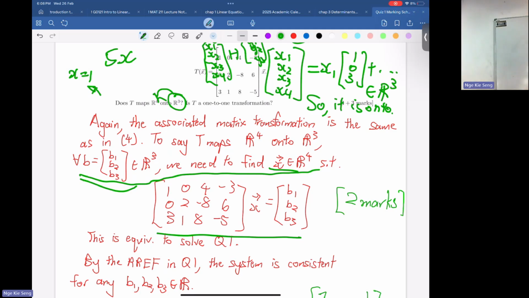Okay. Yeah. Why is it wrong? Why is this wrong? I have a diagram from the textbook.